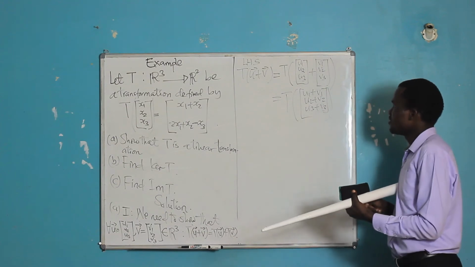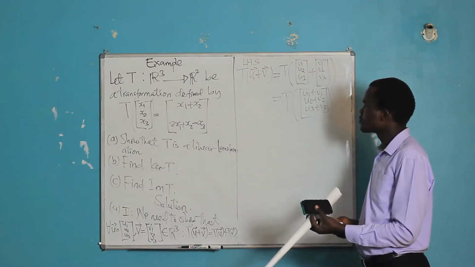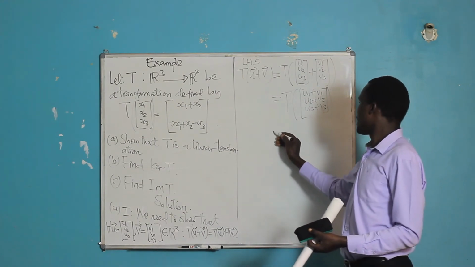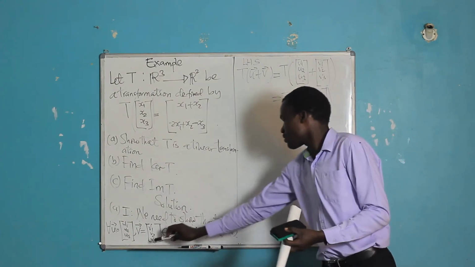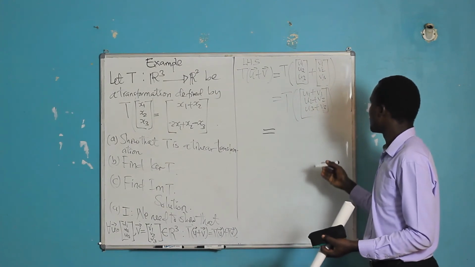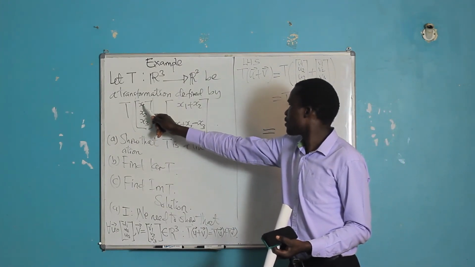From the definition of the given mapping from R3 to R2, referring to the definition, we get that the definition tells us the first entry plus the second.